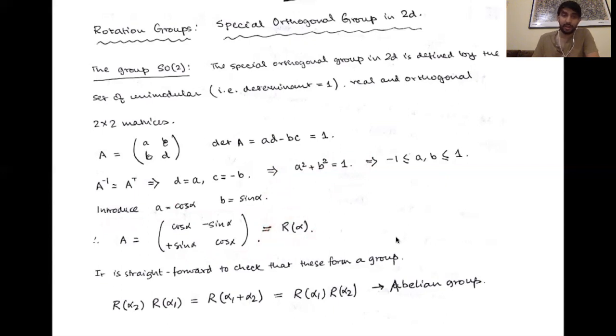It's very straightforward. This is something that you all know, that this is going to form a group, and this is going to form an abelian group. As you know, rotations on a plane commute, and so they give you an abelian group.